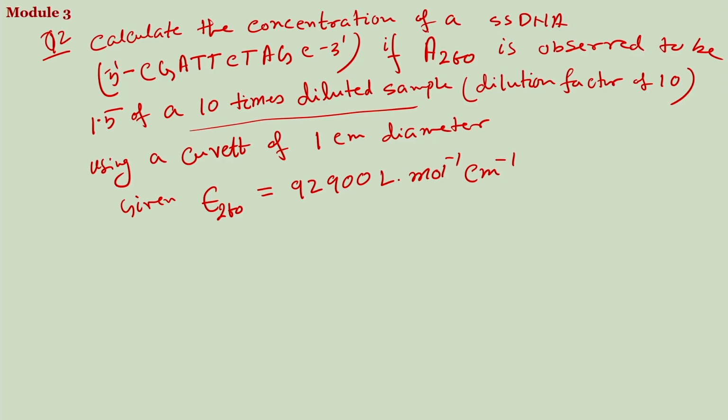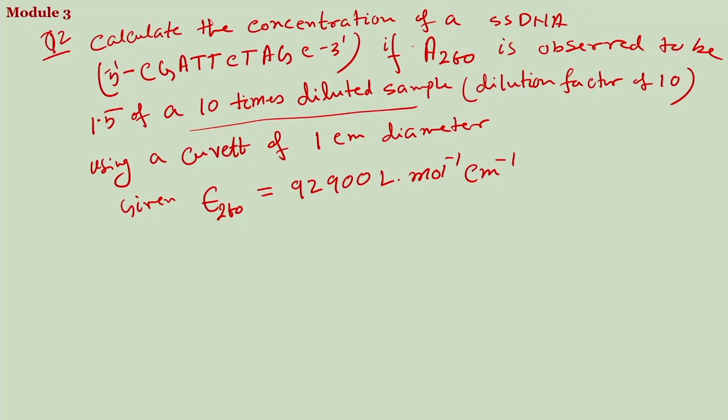From the mother single stranded DNA solution, you have done a 10 times dilution, and that 10 times diluted sample was used to observe the UV absorbance, and that UV absorbance shows the value of 1.5, and you are using the cuvette which is 1 centimeter path length basically.